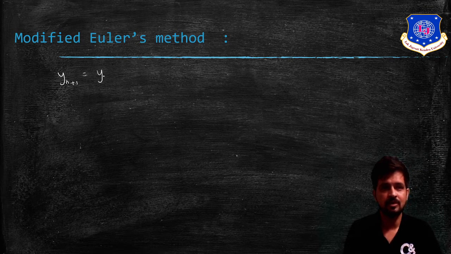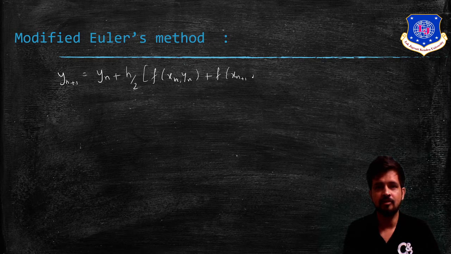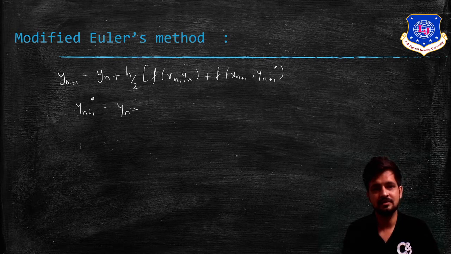The general formula can be written like this: yn+1 is equal to yn plus h by 2 times f of xn, yn plus f of xn+1, yn+1 star. Now what is yn+1 star? It is nothing but the value of y obtained from Euler's method.